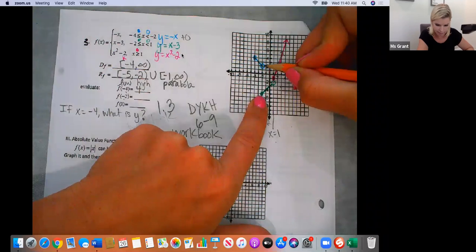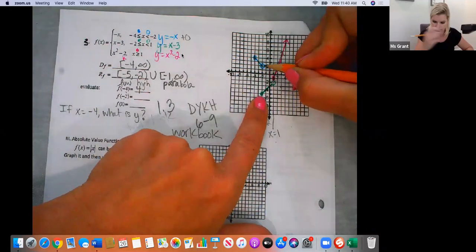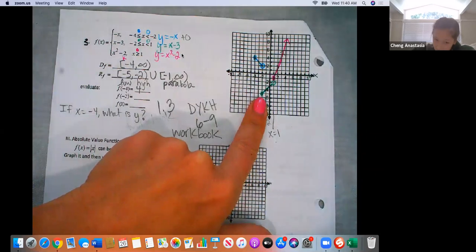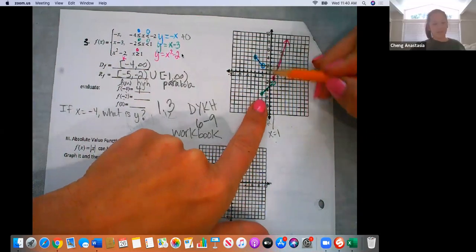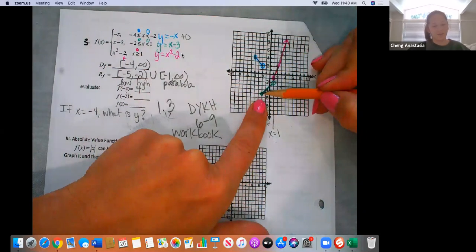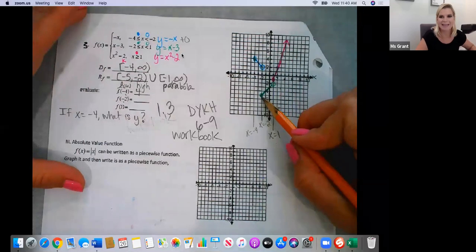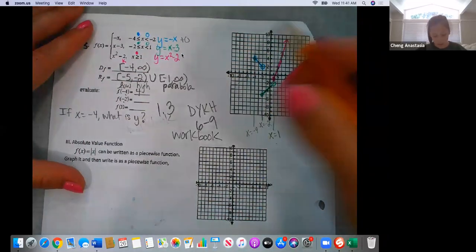Anastasia, I saw your hand up. So should I pick blue open circle or green closed circle, Anastasia? When x is -2, you should choose the green closed circle, and what is that at along the y-axis? -5.